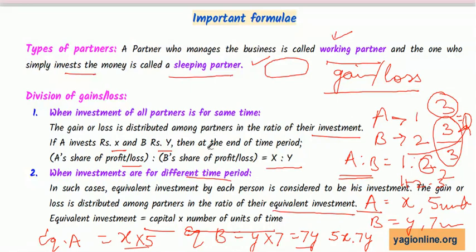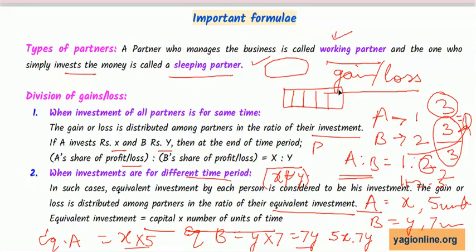If time period is same, then we have to go directly as per the capital which the 2 or 3 partners, whatever number of partners are there, have invested. And so the profit, if their investment is in the ratio of X is to Y, what we'll do is we'll first find out X plus Y, and we will divide this profit into X plus Y units.